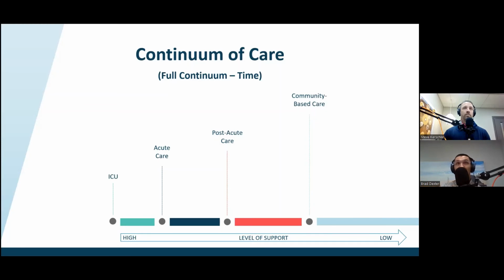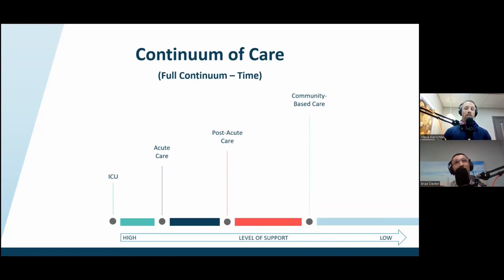And then the ultimate goal is that when we get to that community level of care, it's you driving a lot of that as the individual, with maybe your close support system. Maybe that's a spouse or friends or significant other that is involved with you, children, and then your medical support team that's there, but it's more fragmented and not seeing you on a daily basis.